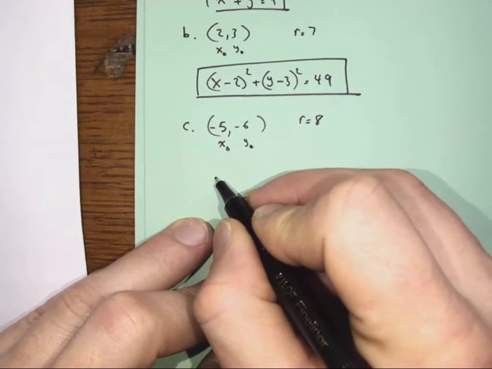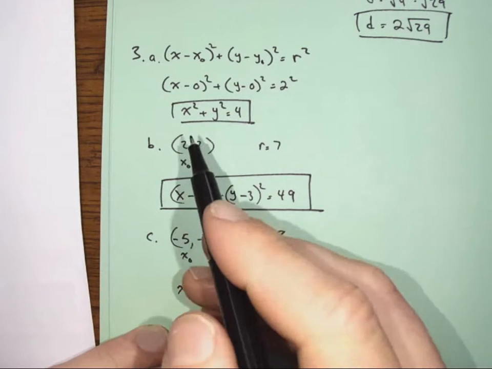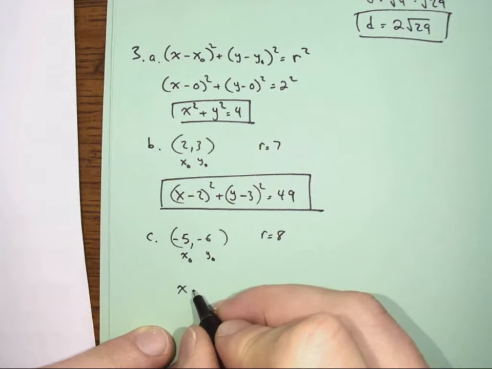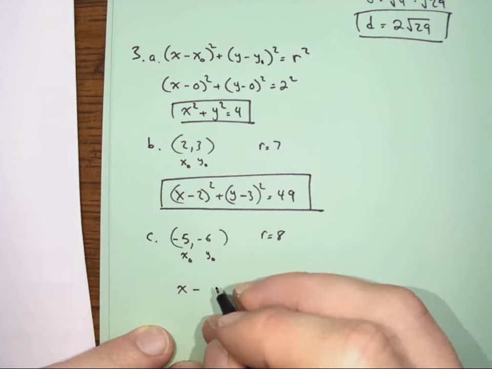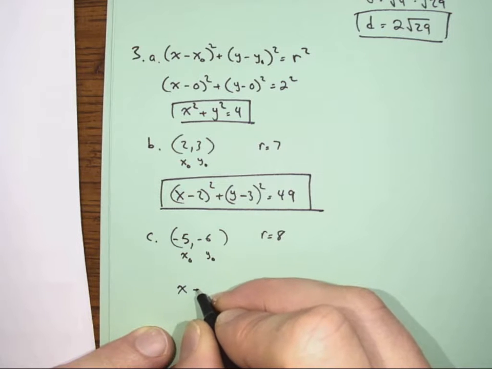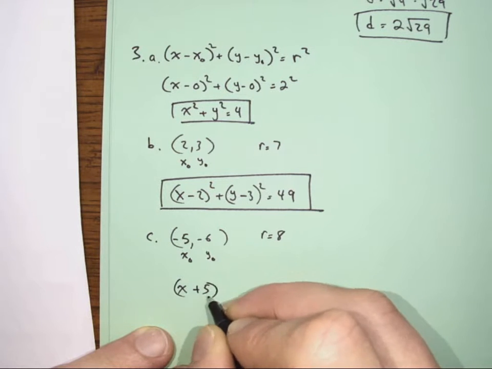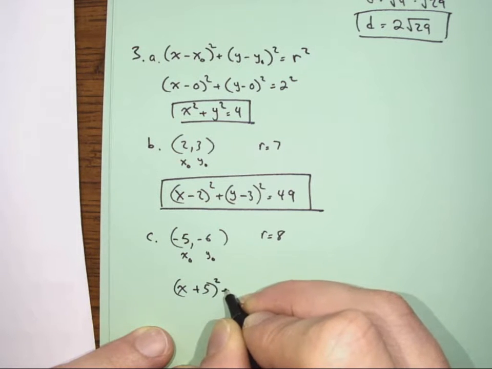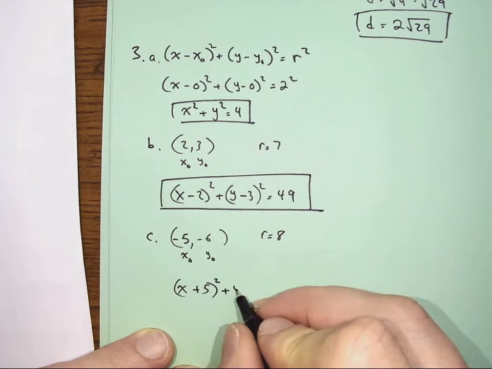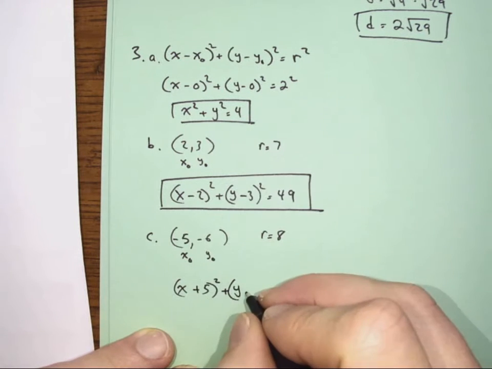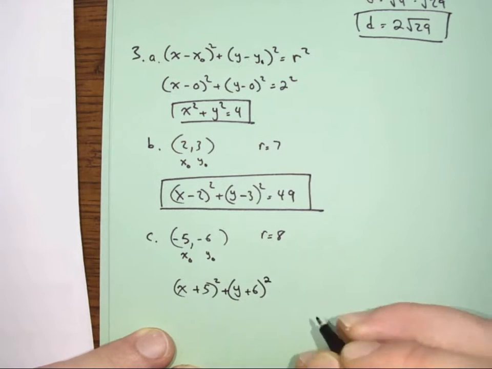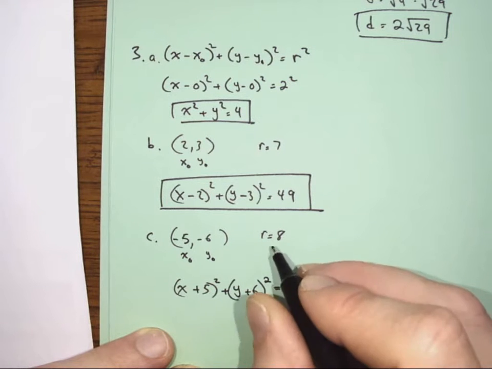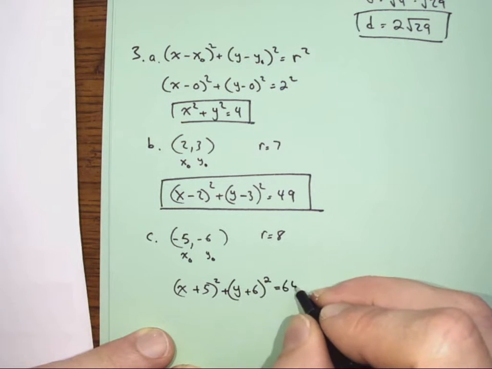And so that means, using our formula up here, x take away our x naught, which is -5, so we're going to take away -5, so I'm going to add 5, which is the same thing as take away a -5. I'm going to add that to y take away -6, which is going to be y plus 6, squared, and that is going to give me the square of the radius, which is 64.